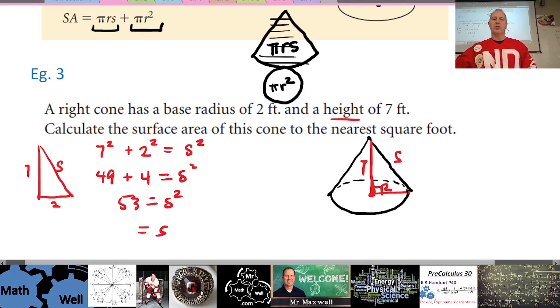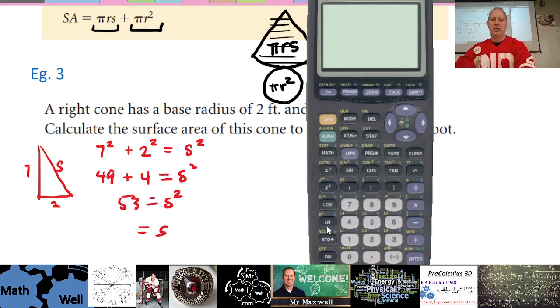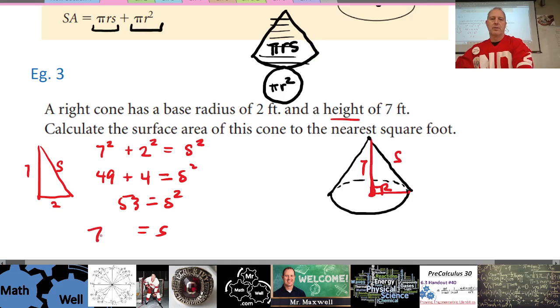So s is going to be the square root of 53. Did I do that right? 49, 53. So the square root of 53 is 7.3 feet.